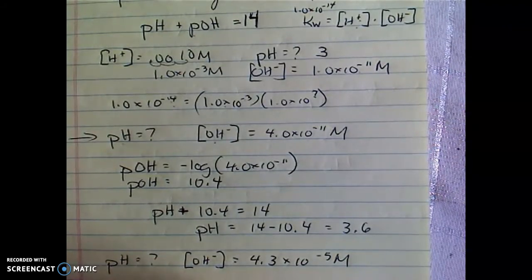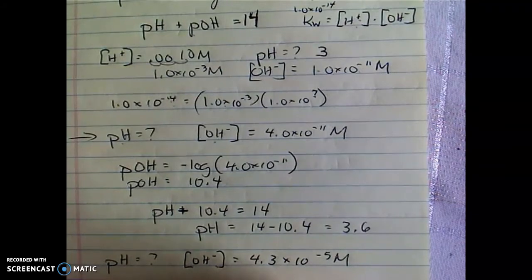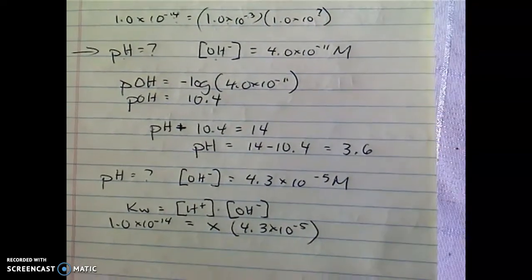So Kw is equal to the concentration of H plus times the concentration of OH minus. So this is 1.0 times 10 to the negative 14th. I don't know my H plus concentration, but my OH minus concentration is 4.3 times 10 to the negative fifth. Okay, so that's all plugged in.